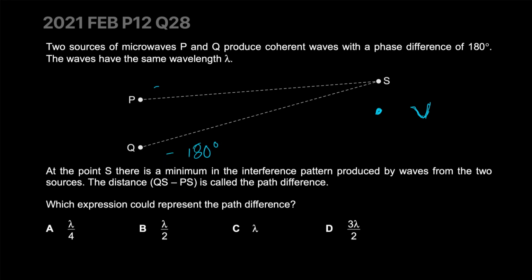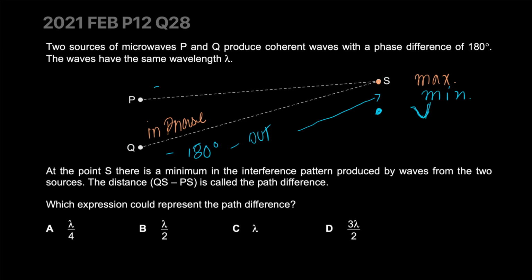But if this light was in phase, if this was, let's say the orange light, another light, if this was in phase, and that reached point S, instead of a minimum, a maximum would be made. So it would result in a maximum if it was in phase. So the same light, which is out of phase by 180, would come over here, and the same light, even though it's out of phase, would produce a minimum, right?